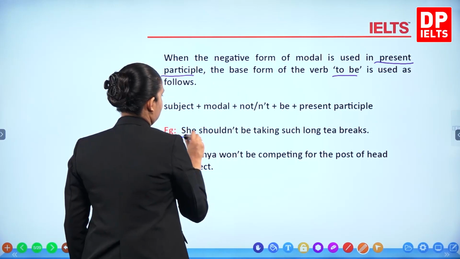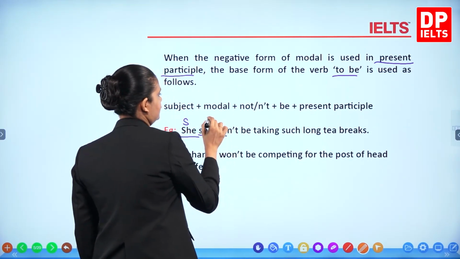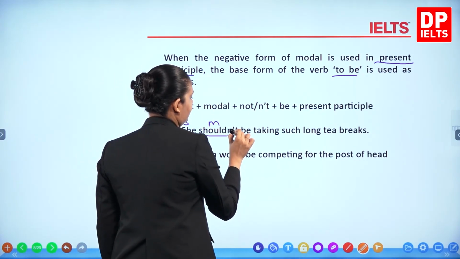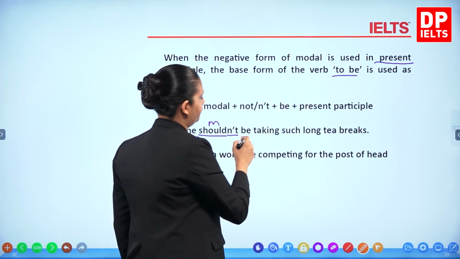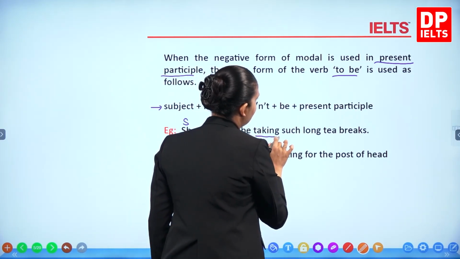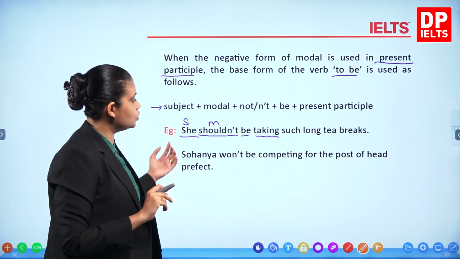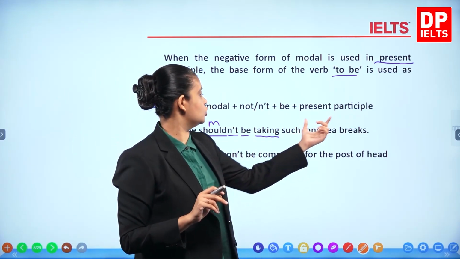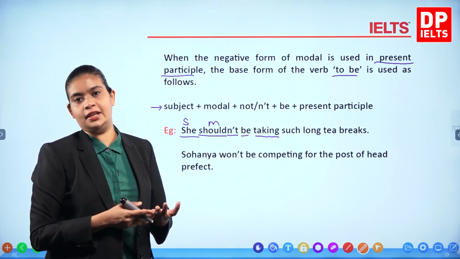She is the subject, should is the modal, and then the negative form shouldn't. Be taking, present participle, right? Shouldn't be taking such long tea breaks, right? So basically it is the ing form of it.